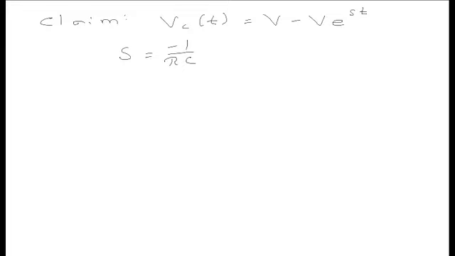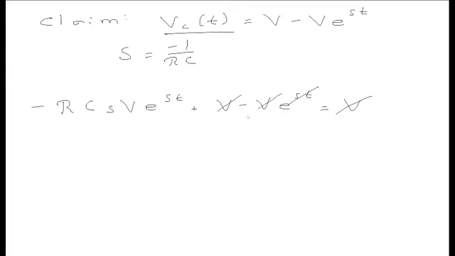So, in our original equation, plugging this in for Vc and taking the derivative, we'll end up with negative RCs times V e to the st plus V minus V e to the st is equal to V. So the first thing I'll do is subtract these V's away, and then I will divide and rearrange.